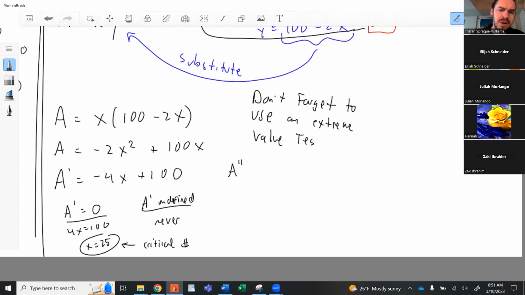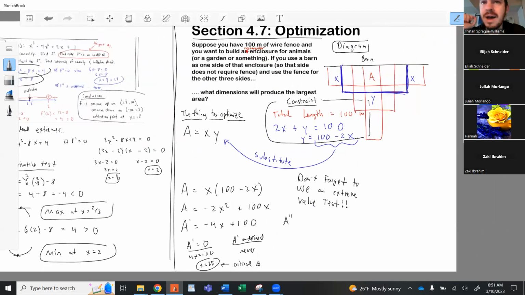Just because you found a critical number doesn't mean that it's the right type of critical number. We obviously want to maximize the area. If you accidentally found a critical number that minimizes the area, that is the opposite of what you're looking for. So don't forget to check that the critical number you found is the right type of extreme value.